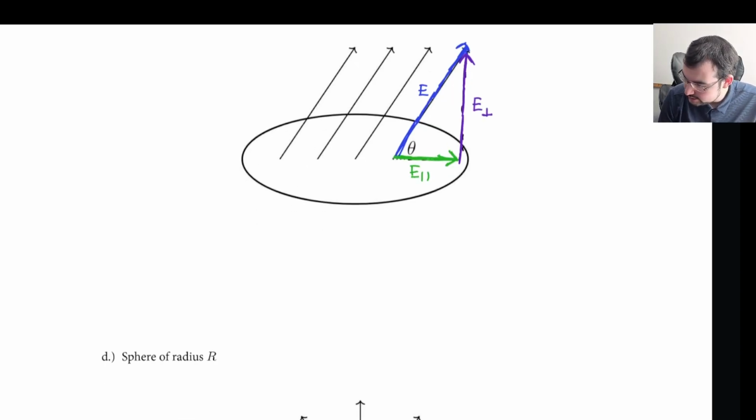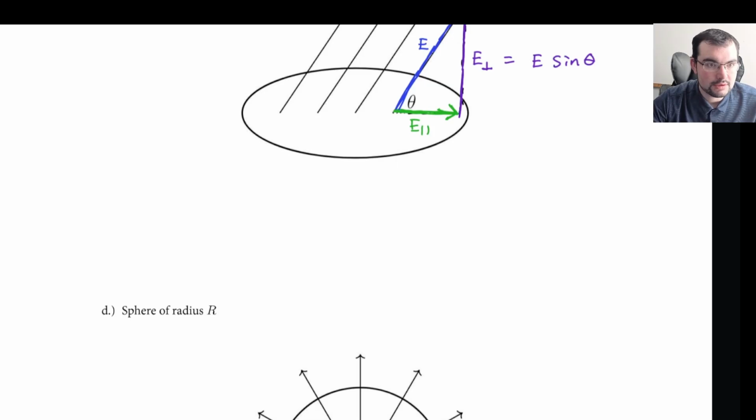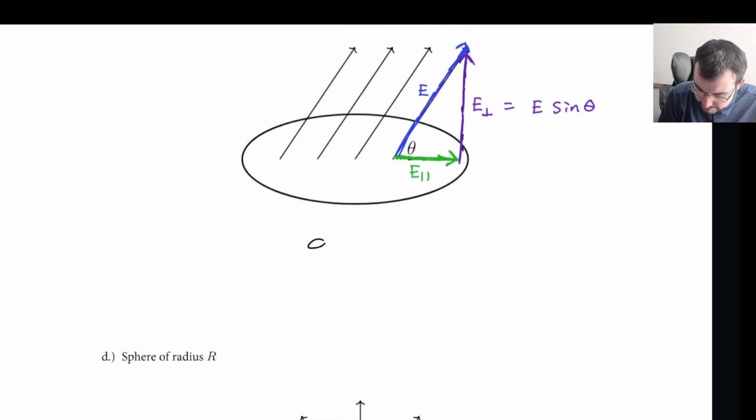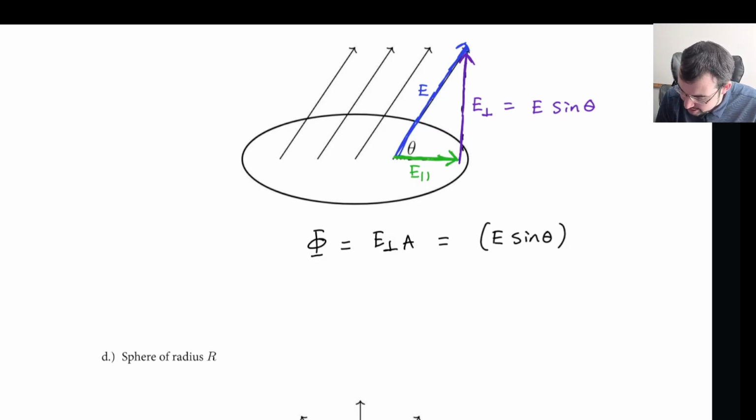And since it's opposite, we'll extract it using sine theta. So this is a case where we don't use the full field because the full field isn't penetrating the surface. It's not E that's penetrating the surface, it's only E sine theta.